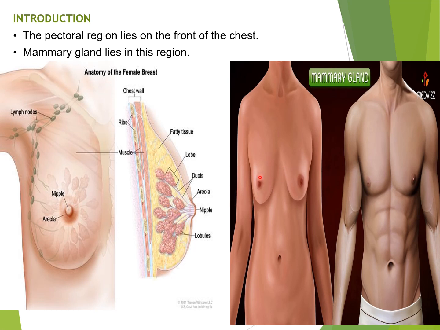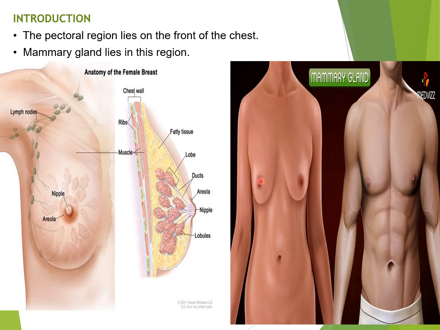Now the shape varies in the adult female, which may be hemispherical, conical or pendulous. The shape of the female breast may vary.